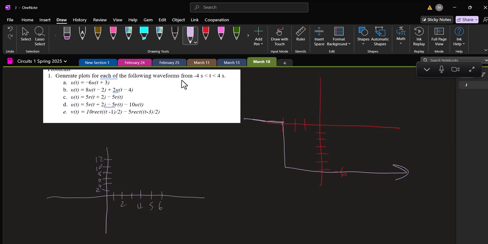Okay, so when I have multiple functions, I look for the one that comes first, and that's the -2. So that means that it's 0 all the way until I get to 2. Once I get to 2, it jumps up to 8. And then it stays at 8 until the next thing happens, which is at 4. And at 4, I'm going to add 2 more to it. So then it'll be at 10, and it'll look like that.